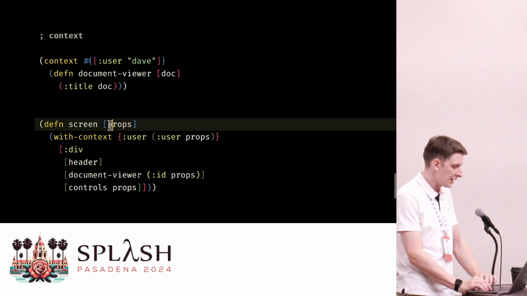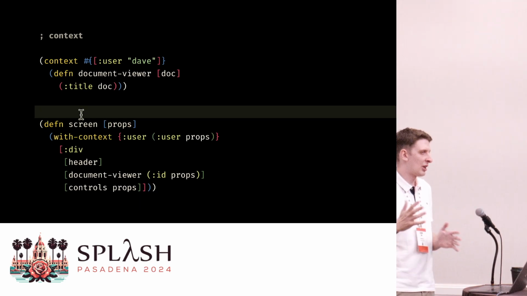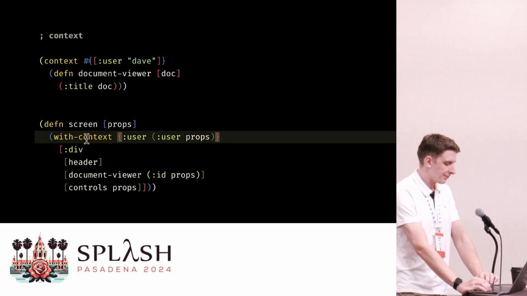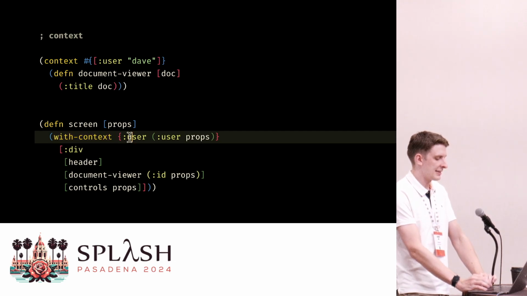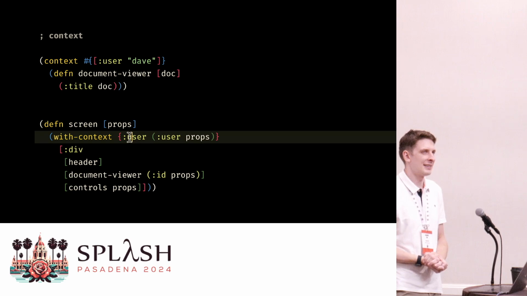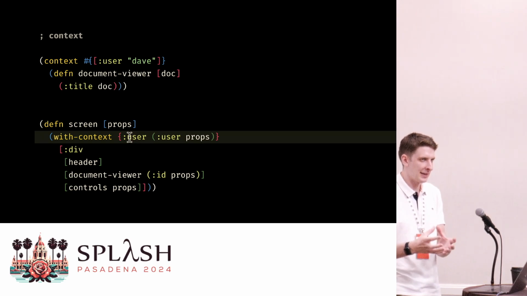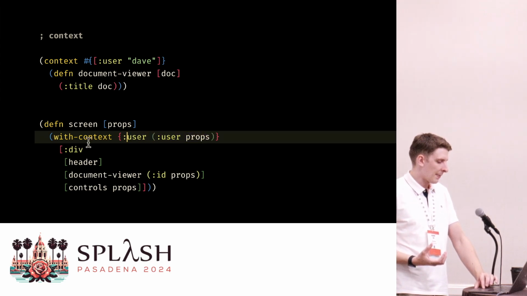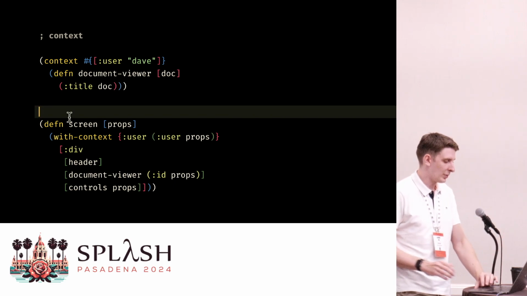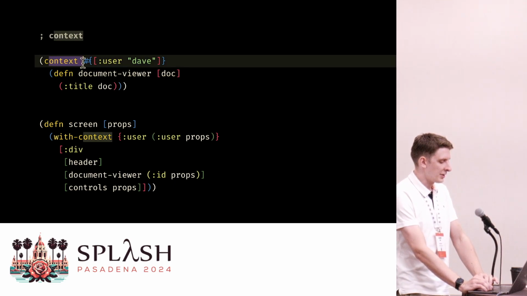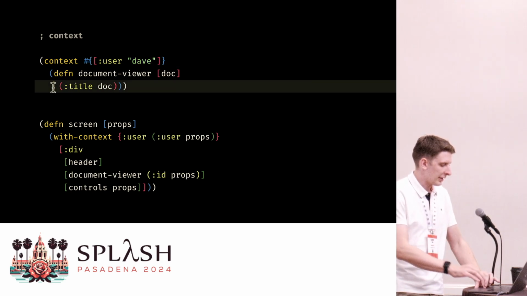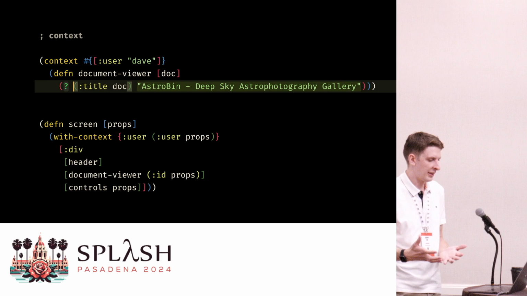So imagine this is a simple enterprise-y document viewing application, and there are some React components, and what this with-context here does is attach some arbitrary piece of metadata to the context of the node that's running your code. So in this case, we attach the username of the user that's currently logged in, and then anywhere else in our code, we can just use this context function or macro to scope down our views into, say, we want to look at the title of the document that user Dave is looking at.